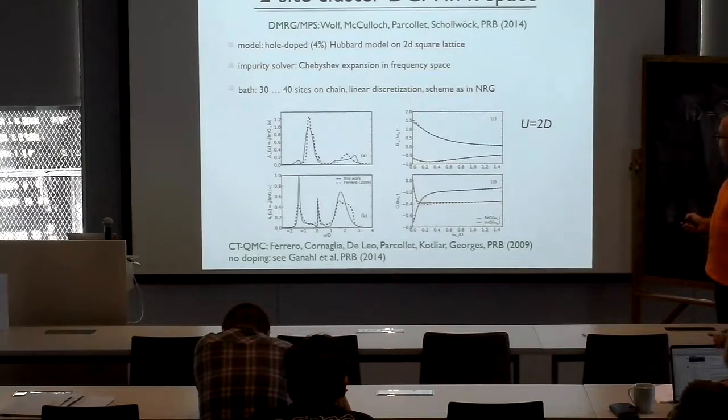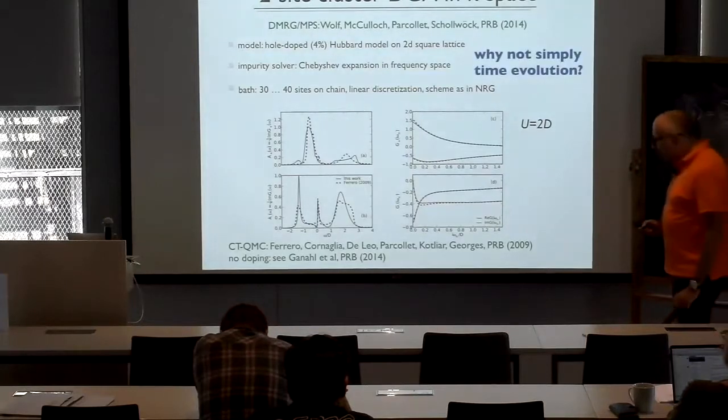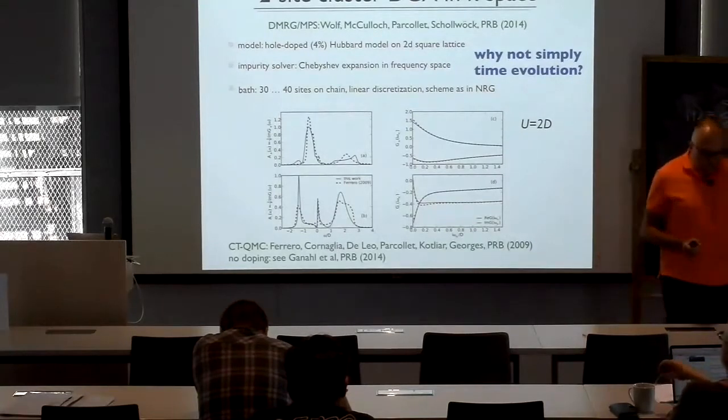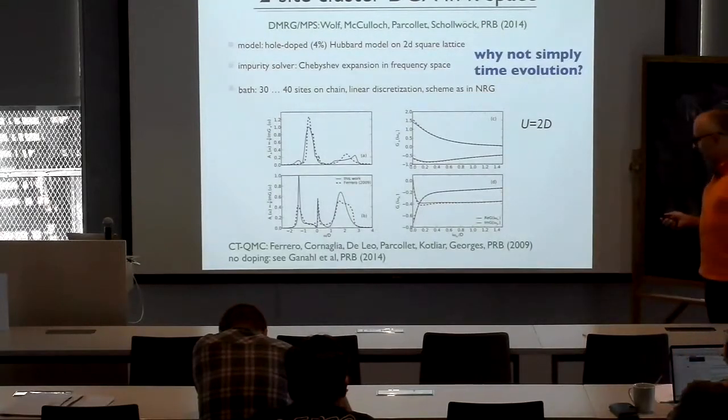So the question is, why didn't everyone simply do time evolution and then Fourier transform? Time evolution methods had been around for a long time. The reason is that time evolution as such would not have been good enough.